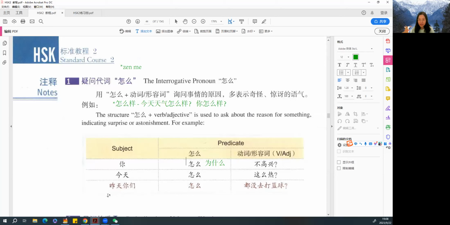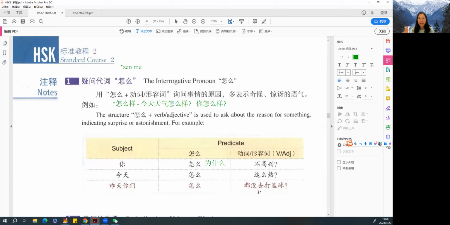And then the first example here, 昨天. 昨天 is yesterday, correct? 你们, you guys. 怎么, why. 都 means together, all of you, so here is you guys 都没去打篮球.